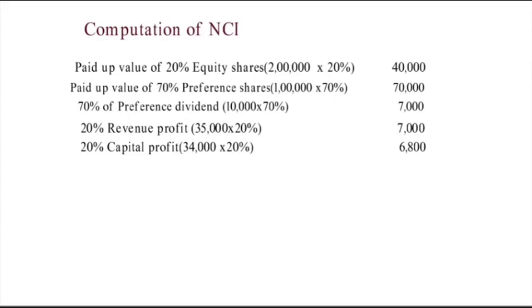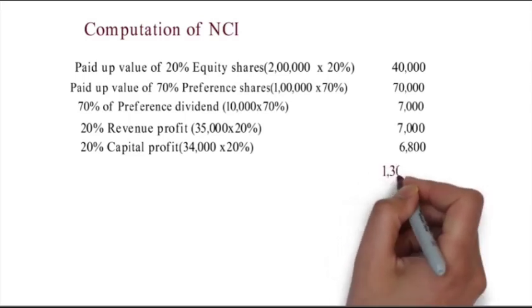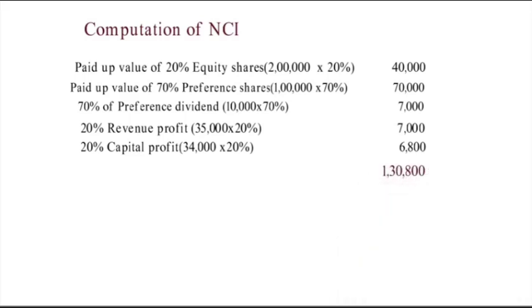The total of all these: 40,000 plus 70,000 plus 7,000 plus 7,000 plus 6,800, that comes to 1,30,800. That is what our non-controlling interest, held by outsiders in the subsidiary.